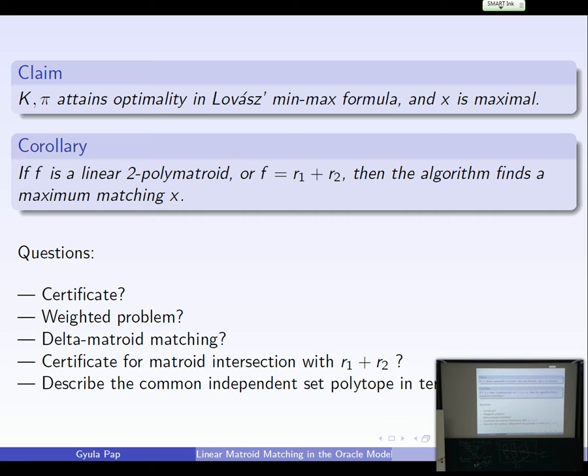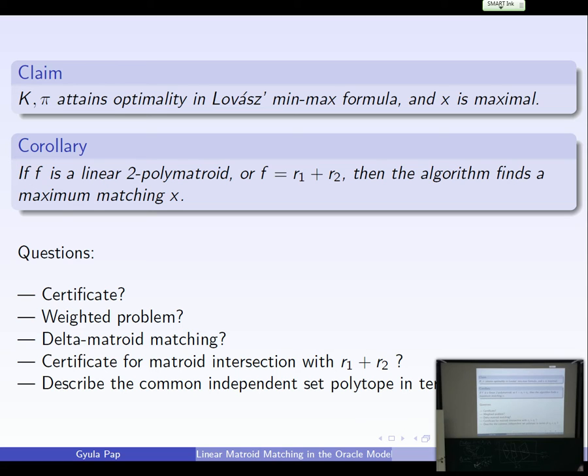You can describe the intersection polytope in terms of the sum of the two rank functions? No. Oh, I thought you said that you can describe the polytope. It determines, but I don't know how you can. It's conceptually determined, but I don't know a description. And maybe there is one. I don't know. But you mean conceptually? You mean the original description with R1 and R2? Yeah, that's what I mean by conceptual.